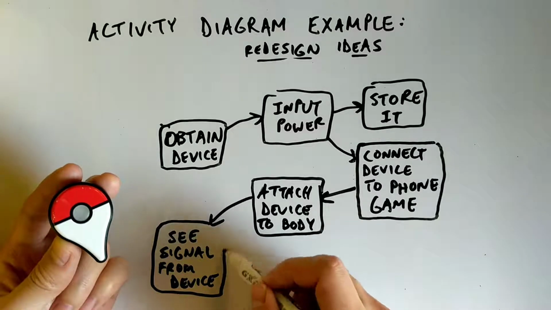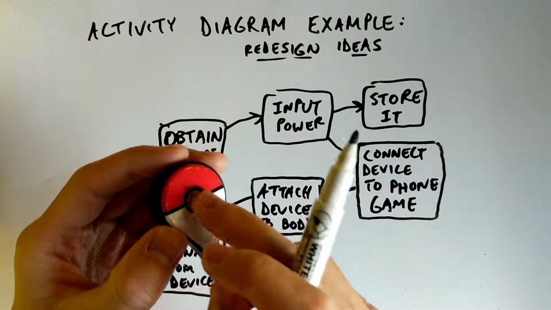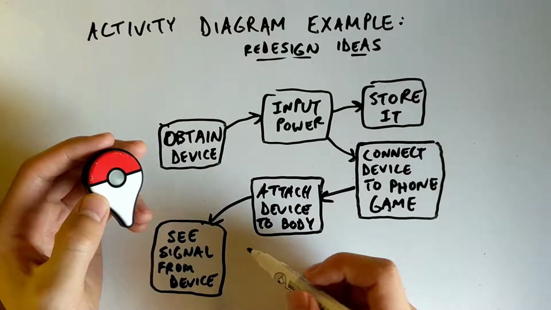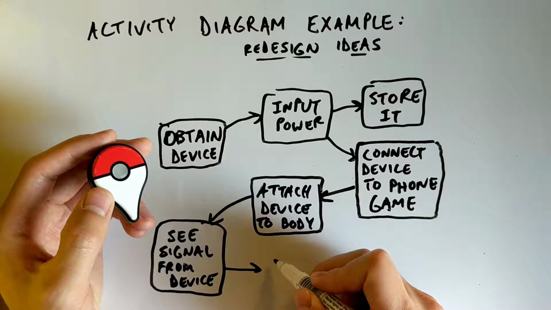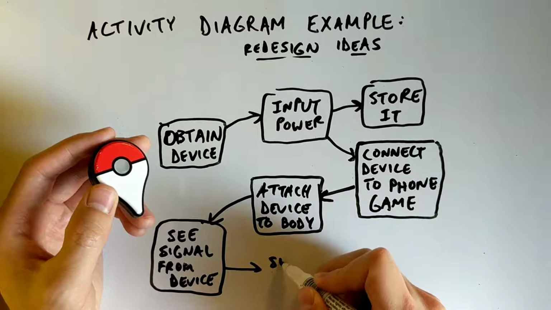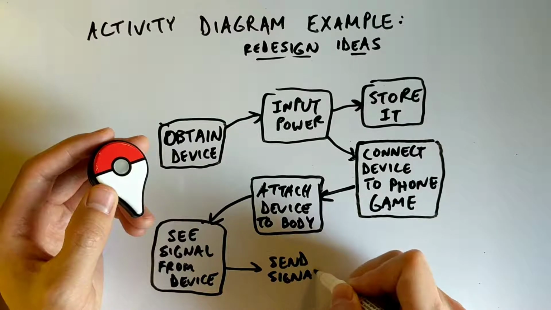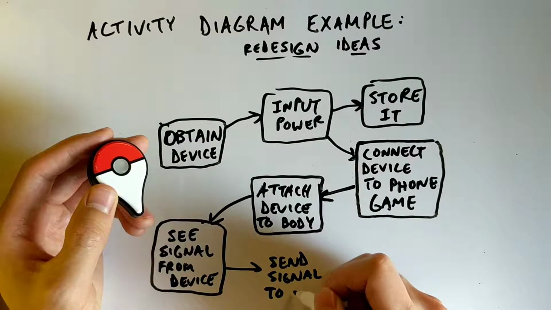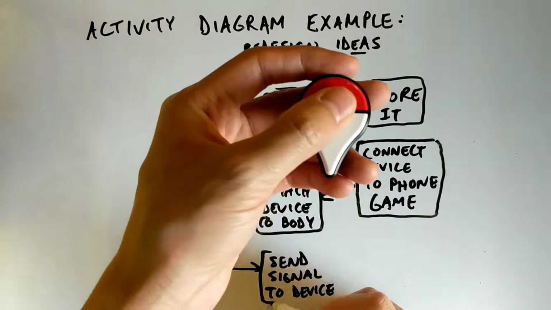And it's weird because it only sends signals through this LED. It's like a single light and it flashes multiple colors. And then after that, I might send a signal. As the user, I might send a signal to the device. And the way I do that is by pressing this little button here.